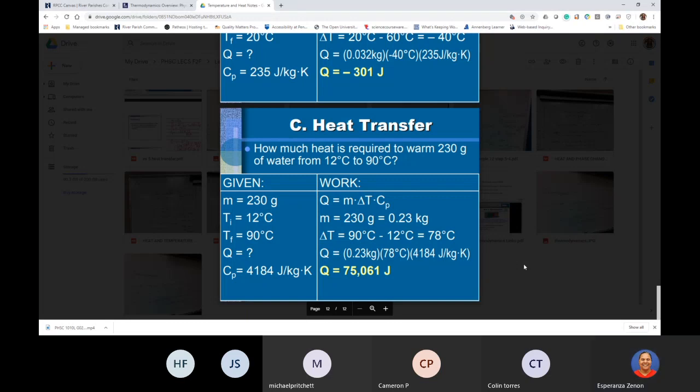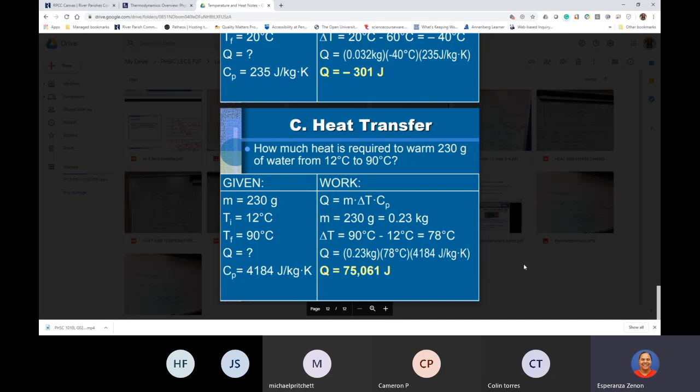So this is an extremely large amount of heat that is required to raise the temperature of the water. And that is because water has a much larger specific heat capacity. What does that tell me? That if I want to heat up water, it's going to take a lot of energy. That is, it's going to take a lot of heat. Well, remember, heat is a form of energy, right?